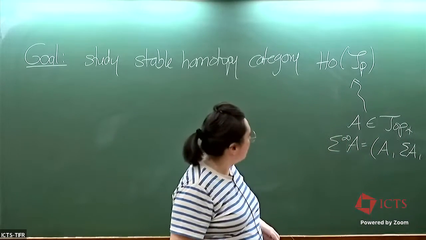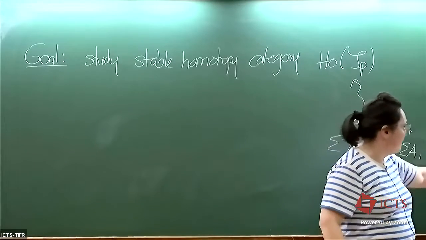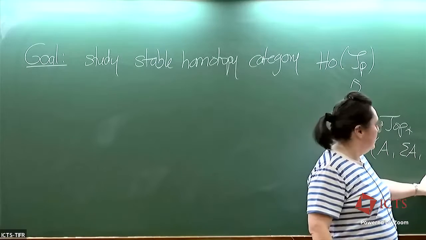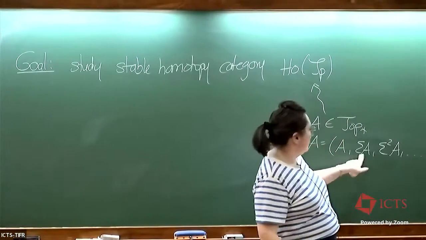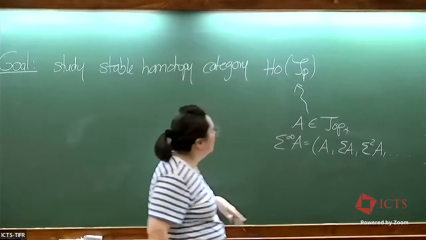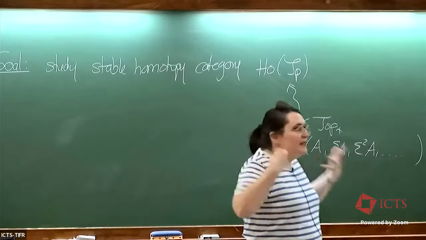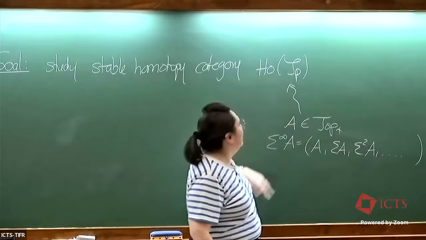A sequential spectrum was a sequence of pointed topological spaces with a structure map from the suspension of the ith spot to the next spot. And in this case, it's quite clear what the structure map would be. So that is a way, for example, to consider all of classical topology to be included in here.